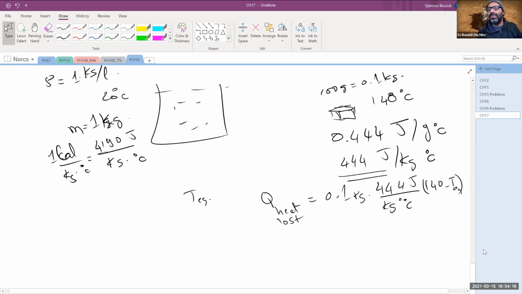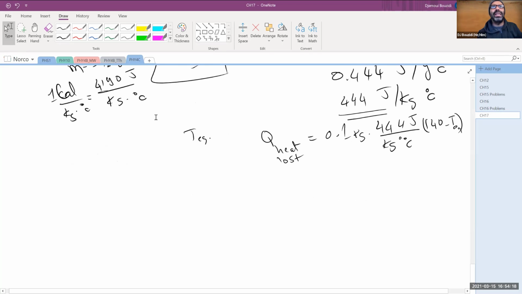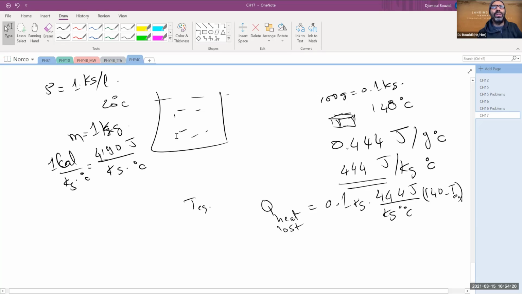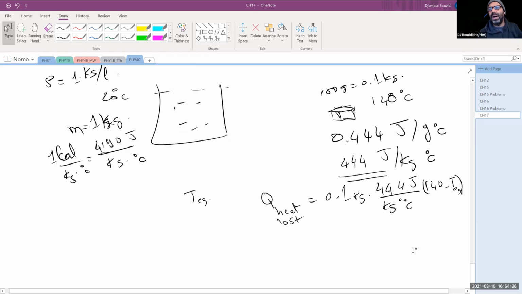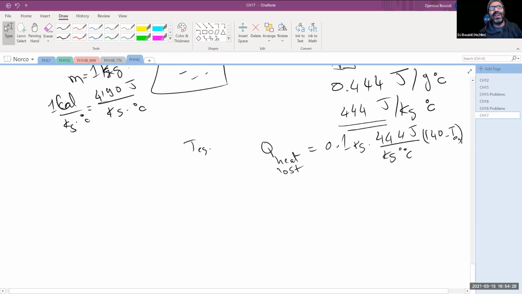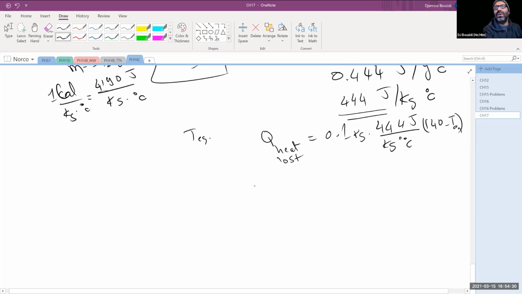This heat must be equal to the heat that was gained by the water. Let's say, for example, the container is negligible, it doesn't enter into the problem, so we're going to neglect the effects of the container. So the Q that was gained by water, the water's temperature now is going to increase accordingly.